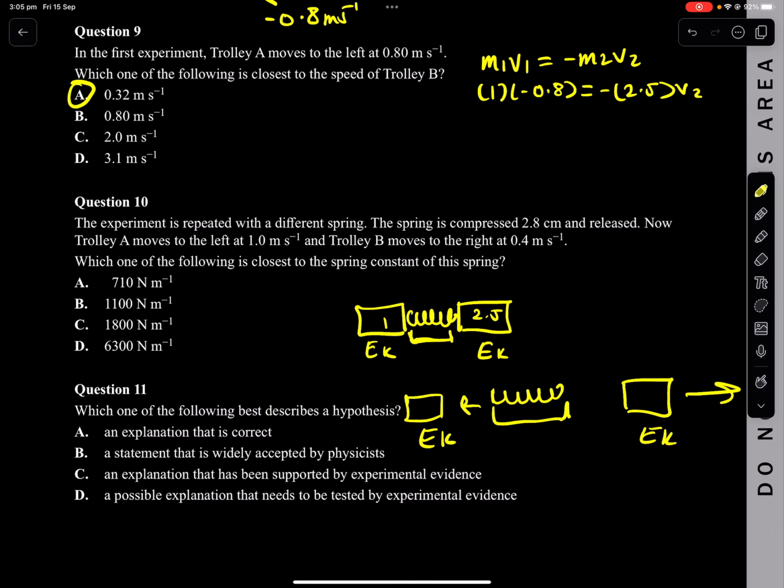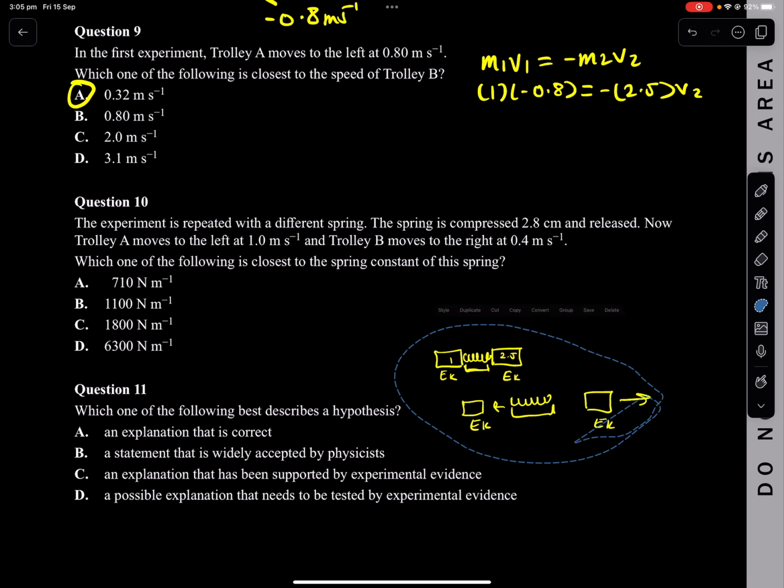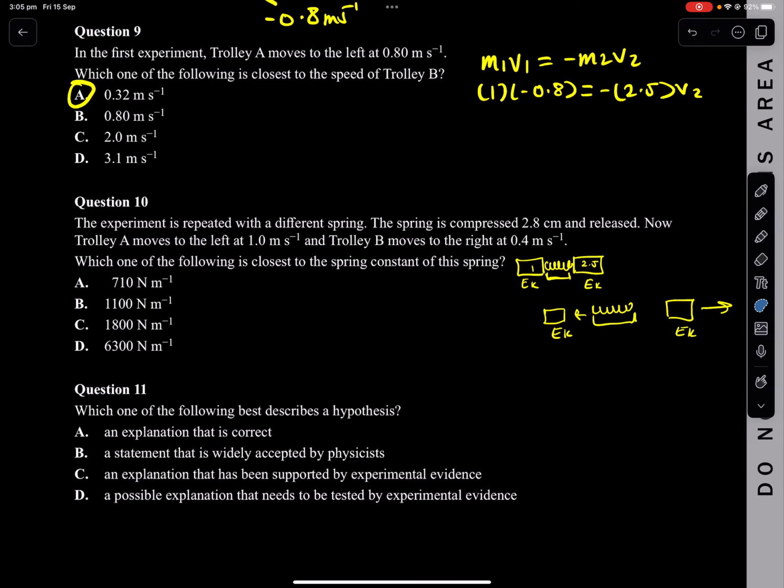So what do we know? This is what we need to make a formula. Originally all the energy was in strain energy, ES.